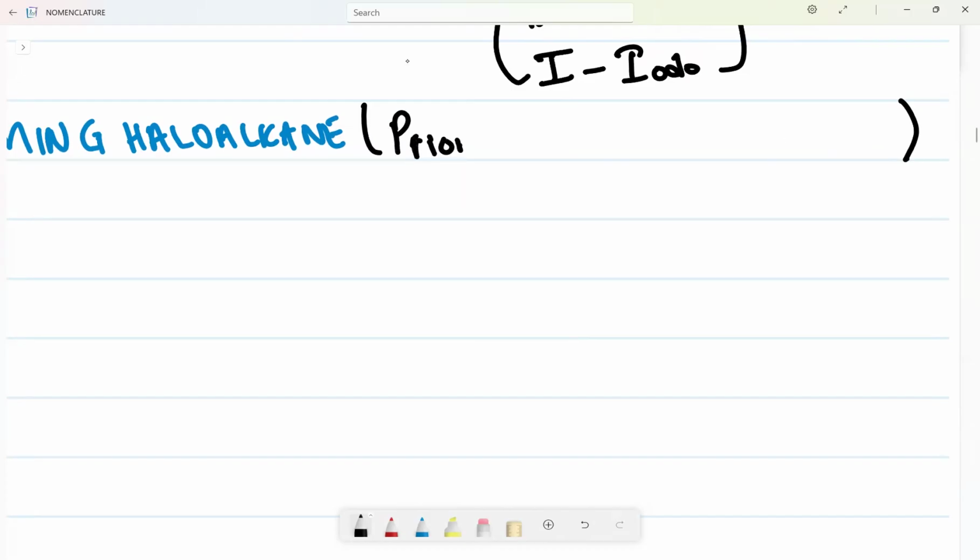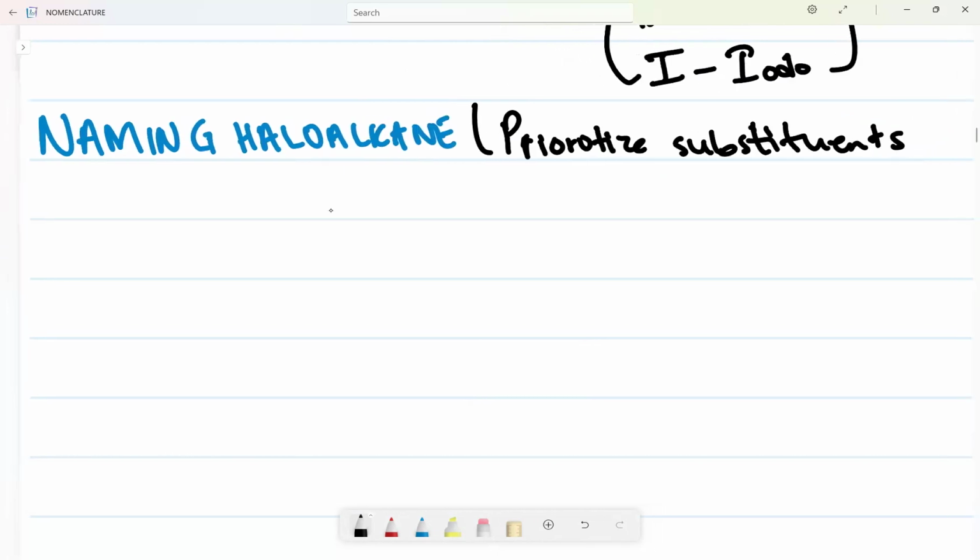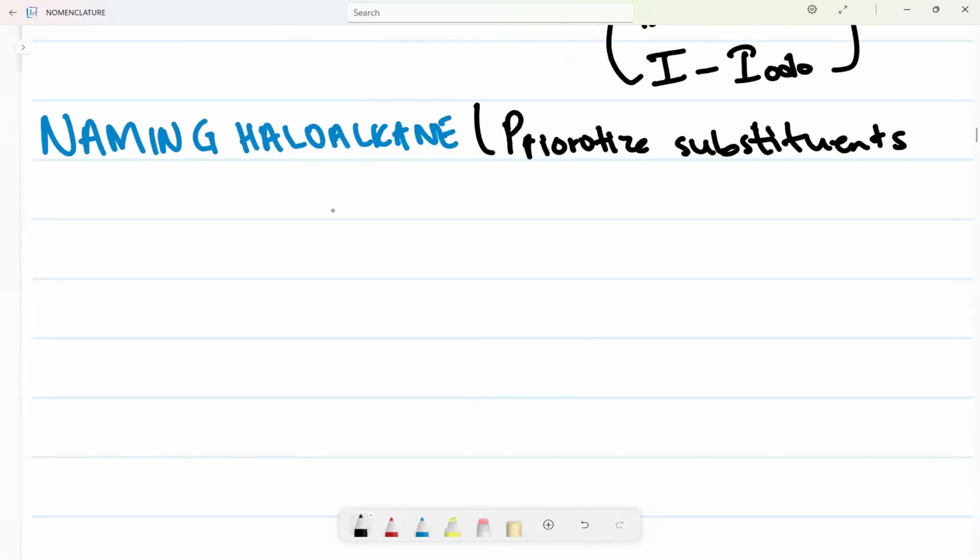Prioritize substituents that give you the smallest number.